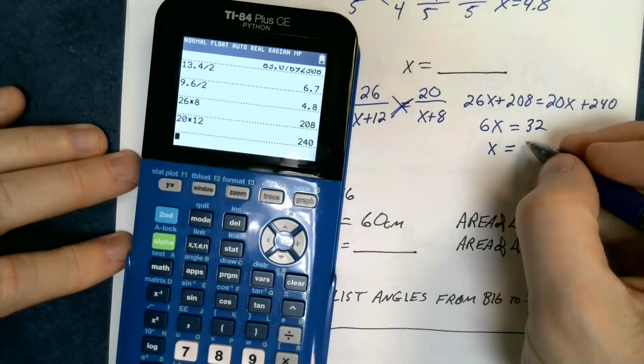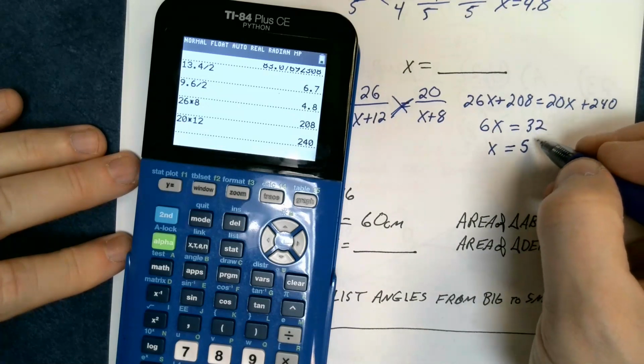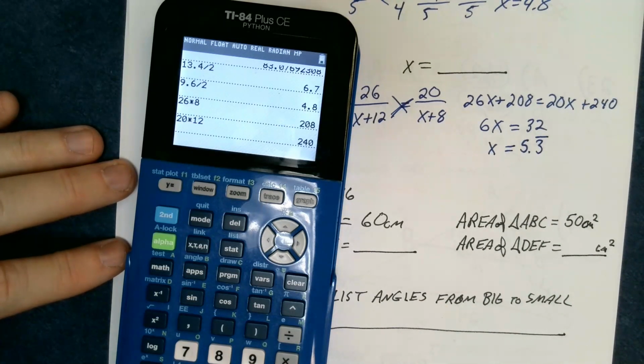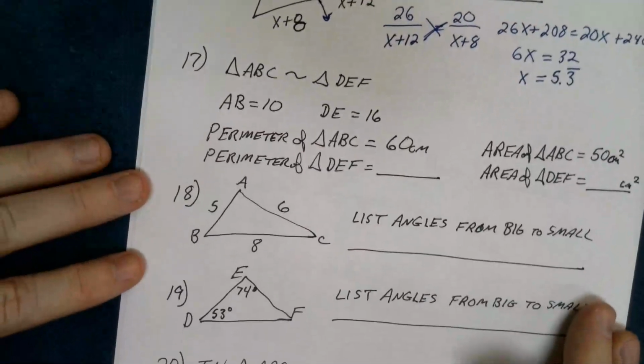X equals 6 goes into 32 5 times, and then I have 2/3 left over. So X is equal to 5.3 repeating. Okay. Again, you can check that on your calculators.